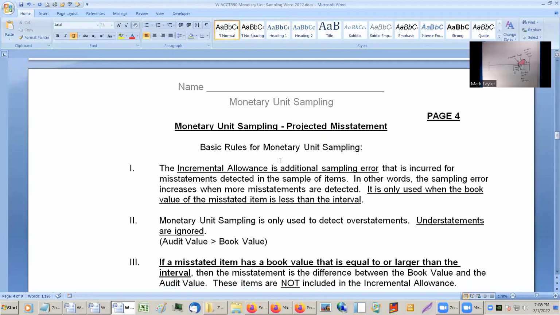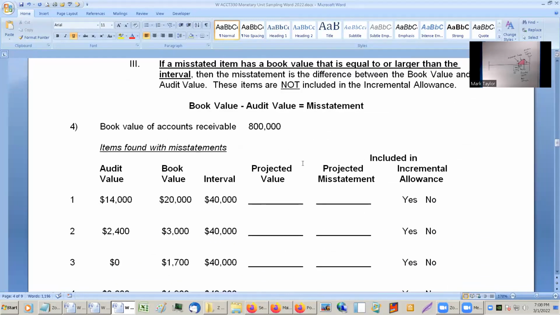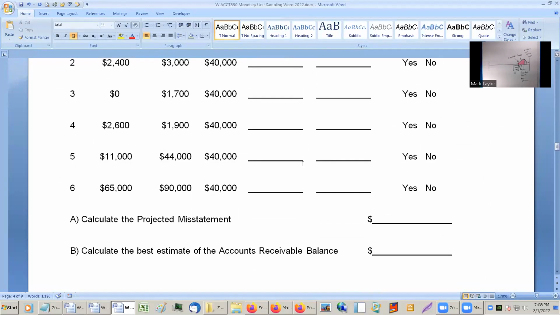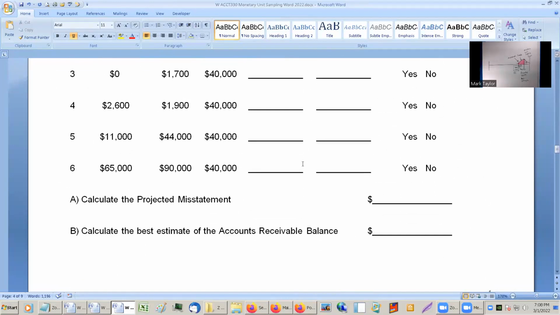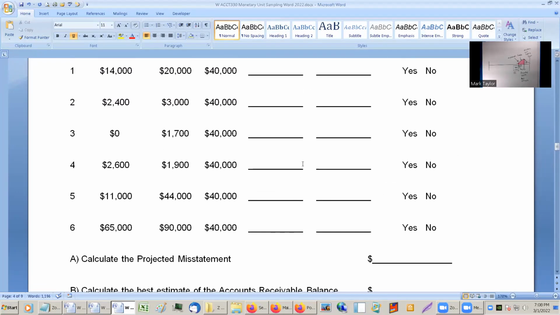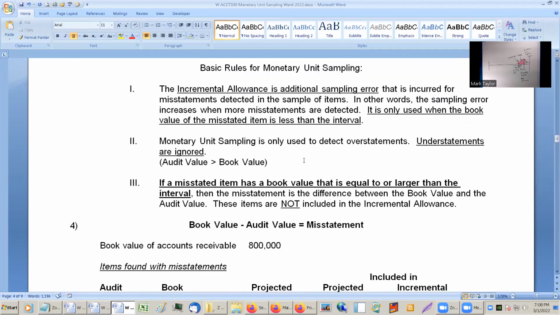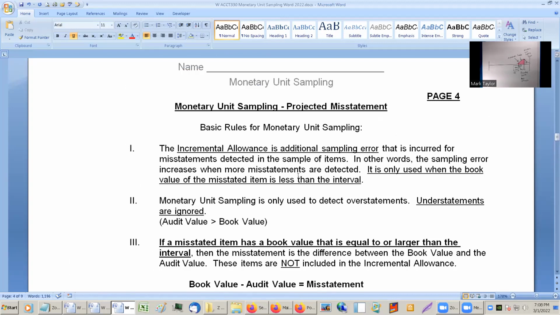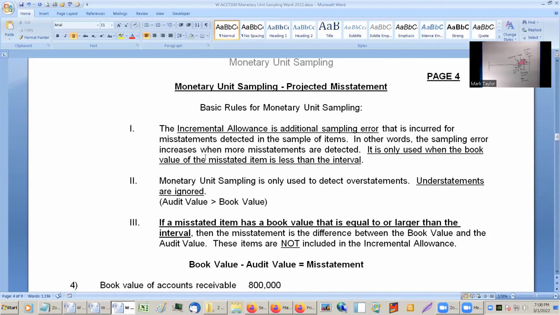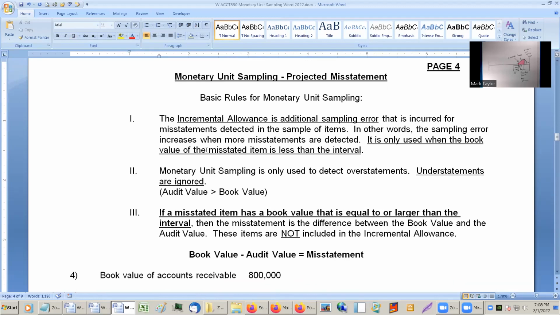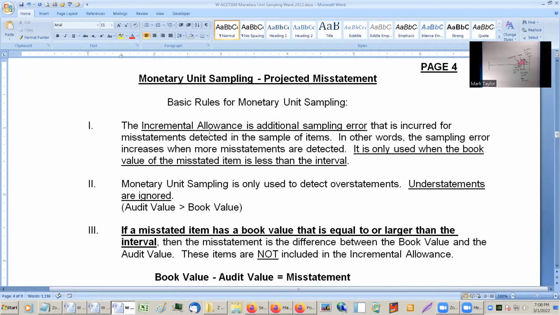Okay, so this is on page 4, I believe. All right, there are some rules. Monetary sampling, monetary unit sampling.